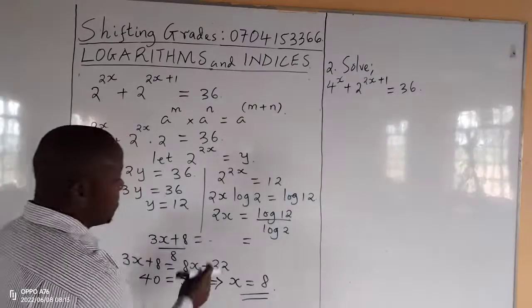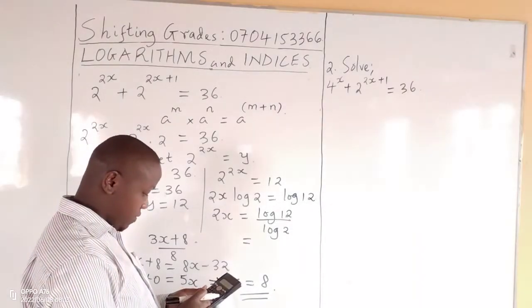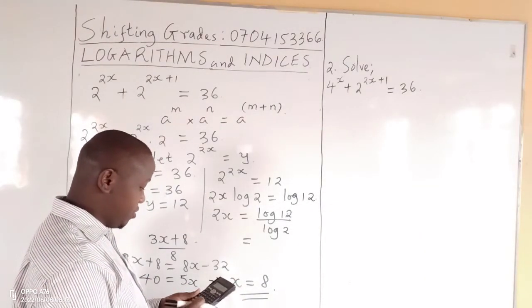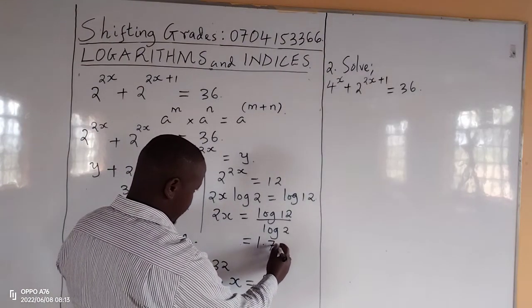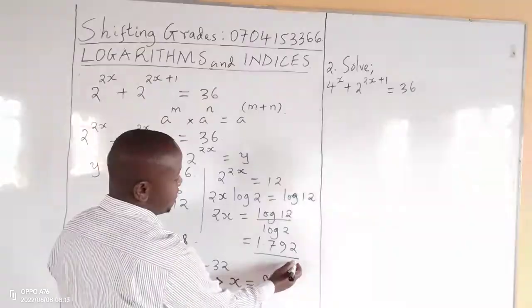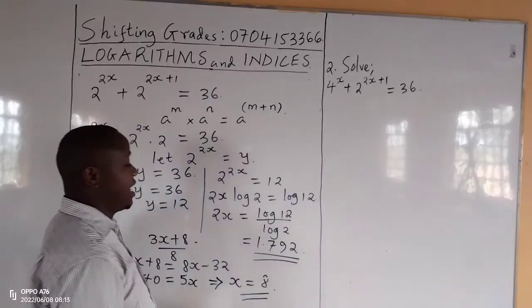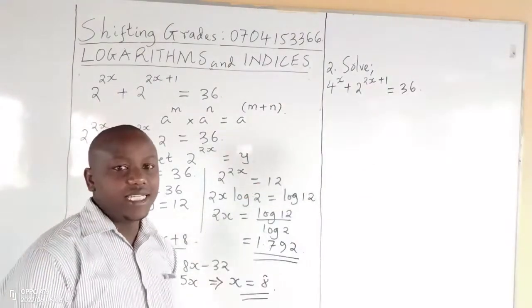Then, to remain with x alone, we further divide that answer by 2. This gives us 1.792 to 4 significant figures. This is the correct value of x in that question on indices.